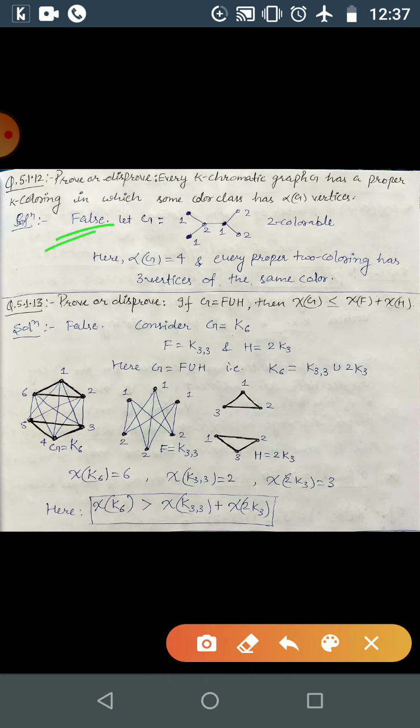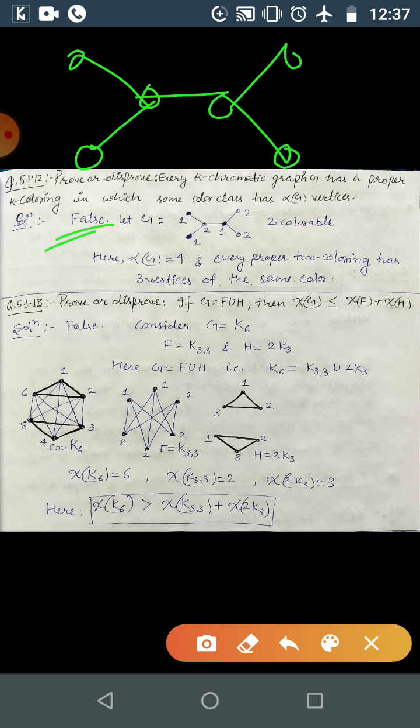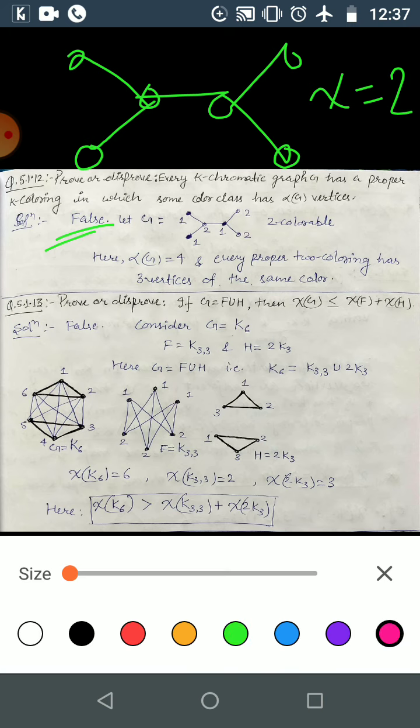You can consider a graph like this. This one is bipartite. Obviously this is a tree, so this is a two-colorable graph, and the chromatic number is 2. And alpha(G) is greater than this.